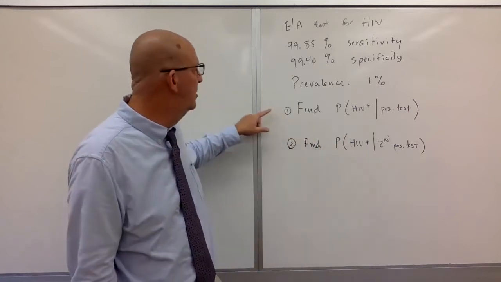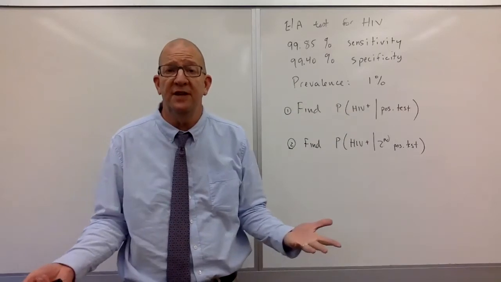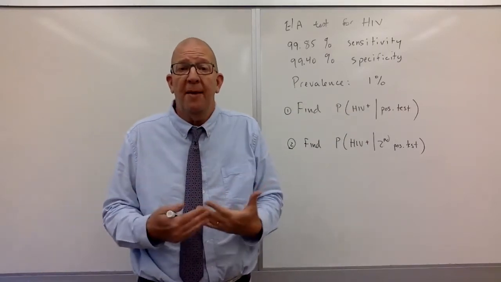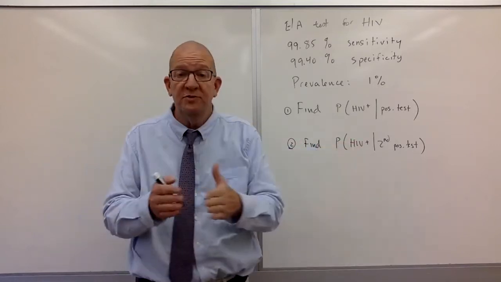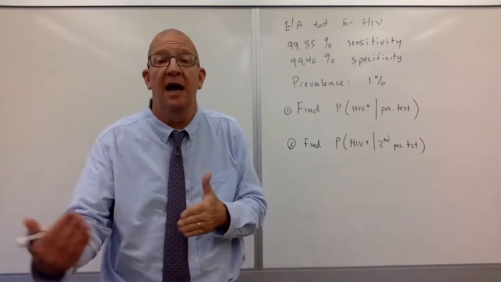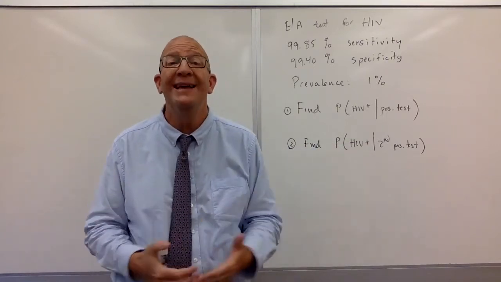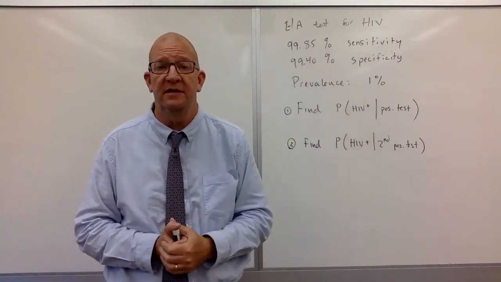So the question number 1 is, let's find the probability you're HIV positive given a positive test. So you go in for your AIDS test, it comes back positive. Then we're going to take those samples and run them a second time. And then let's find the probability that you're HIV positive after a second test with the same sensitivity and specificity.